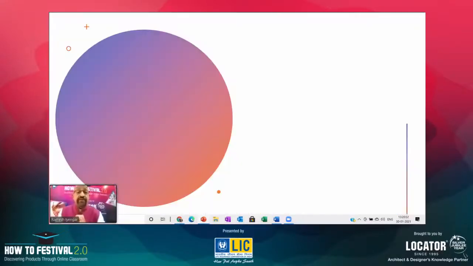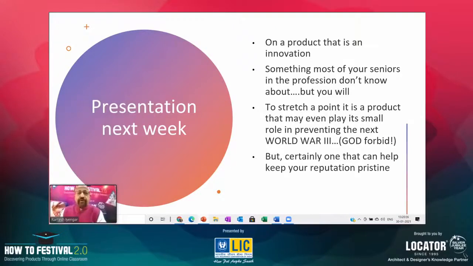But a reminder of what's happening next week. Take a look at this. The presentation next week is on a product that's a true innovation, something most of your seniors in the profession don't even know about, but you will. So what happens is that when you get to the workplace, you're the one who has that ultimate knowledge.